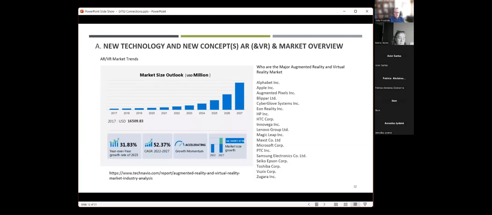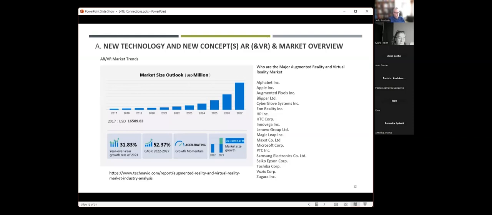So it's difficult to separate. You see that most of the great players are here: Alphabet, Apple, HP, Samsung, for example, and Microsoft, of course.